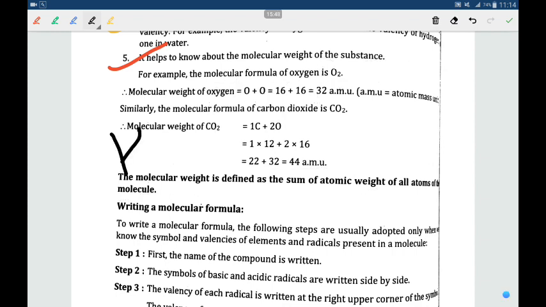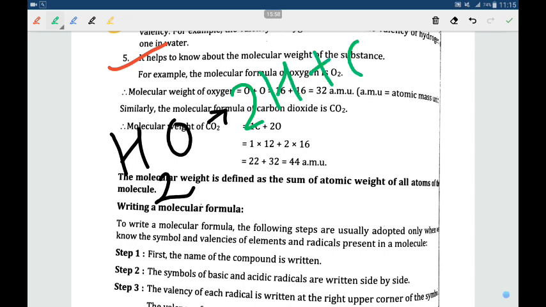Let's try. Atomic weight of H2O, water. For that we write H2 as 2H plus O. Students, 2 multiplied by 1 plus the atomic weight of oxygen.